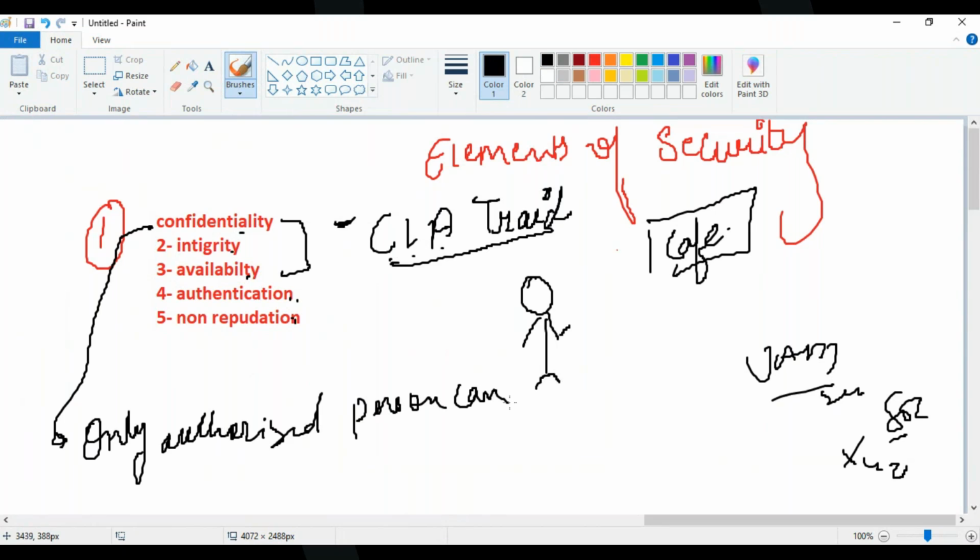I'm sorry, not change. Only an authorized person can have access, correct? So confidentiality says that only an authorized person can have access, and integrity says that only an authorized person can make changes. This is the difference between confidentiality and integrity.